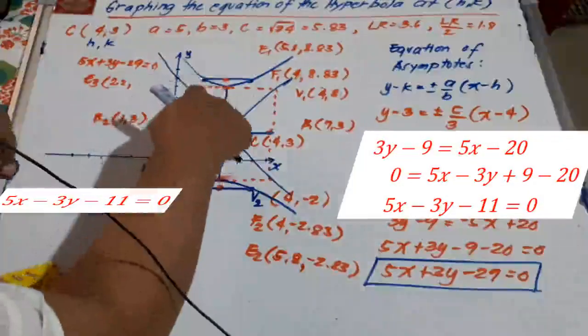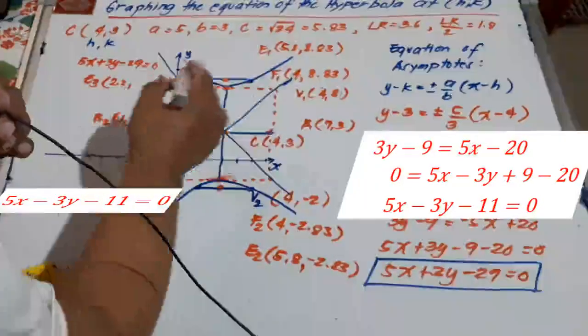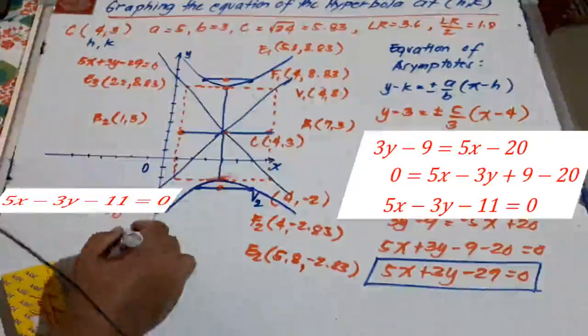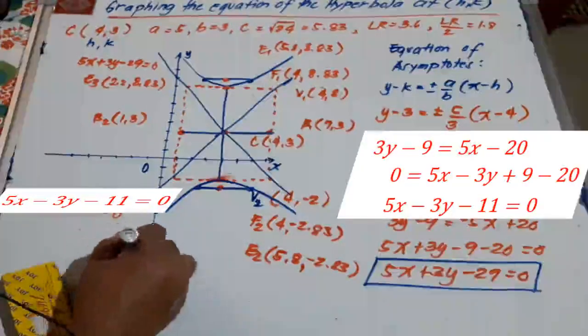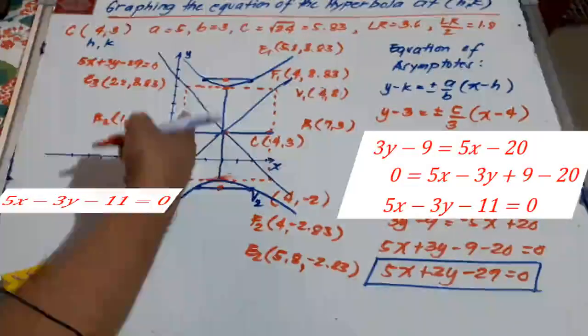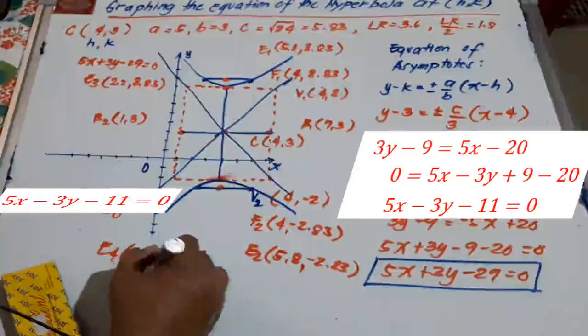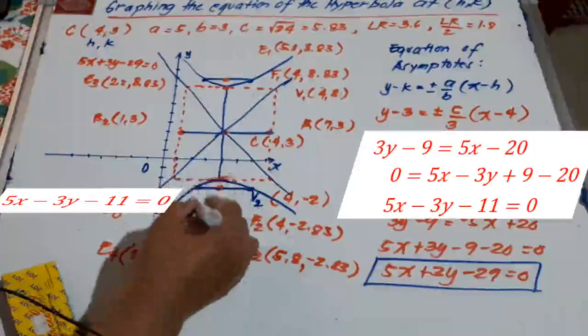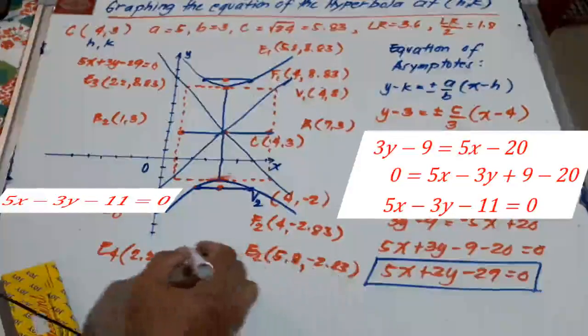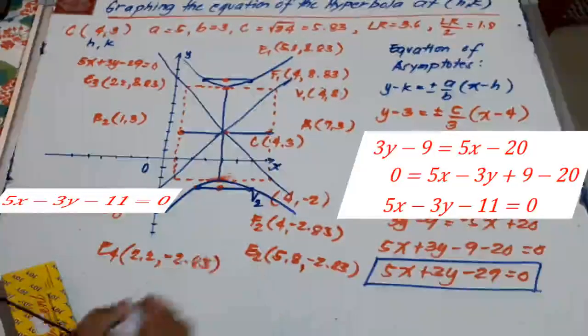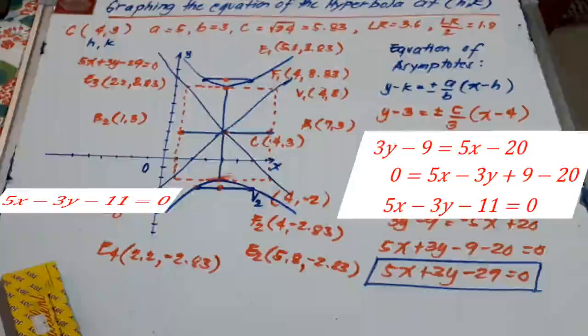Comma, ang kanyang vertical distance, kaparehas lang ng ating focus. And for e sub 4, ang kanyang horizontal distance is the same as e sub 3. That is 2.2. While the vertical distance of e sub 4 is the same as e sub 2, negative 2.83. Okay? So, ang center natin, kompleto na.